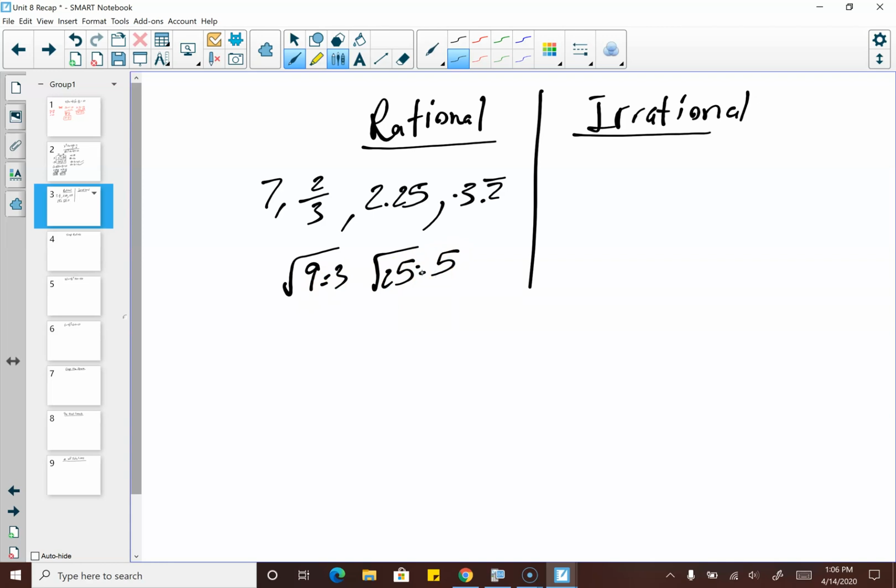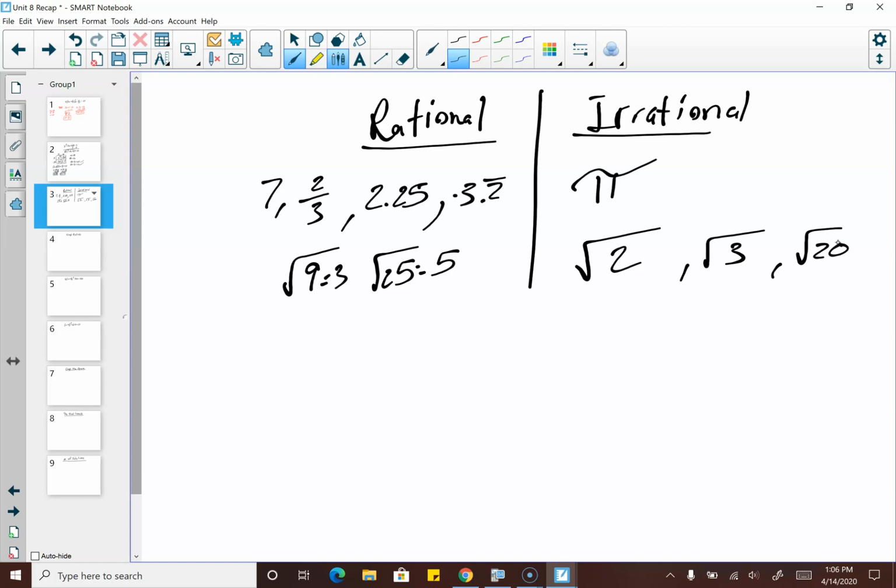Those are our rationals. When we look at our irrationals, we're looking at numbers like pi, but more importantly, we're looking at our square roots that are not perfect. So like square root of 2, square root of 3, square root of 20, those are all not perfect squares. So therefore, those are going to be our irrational numbers.